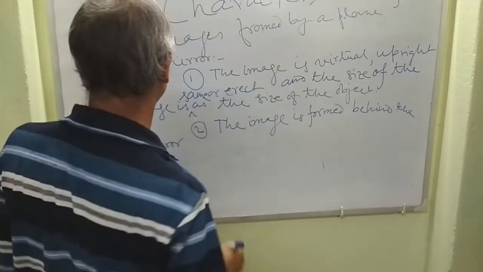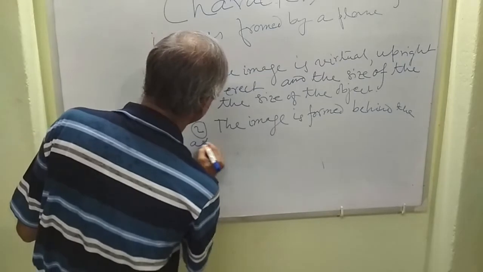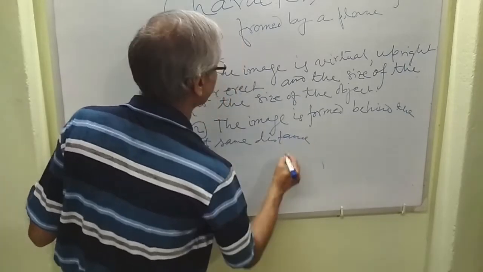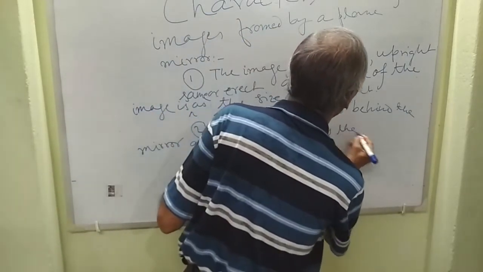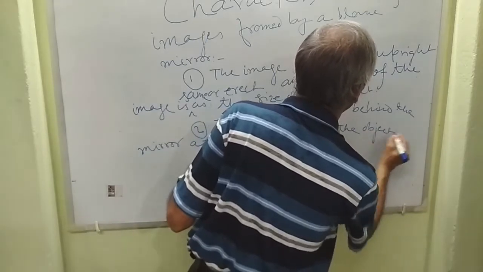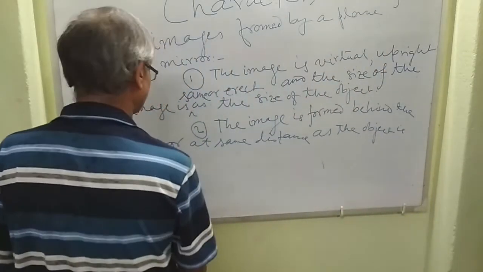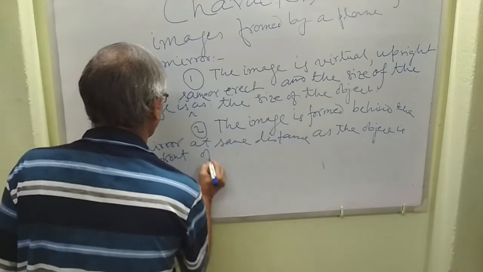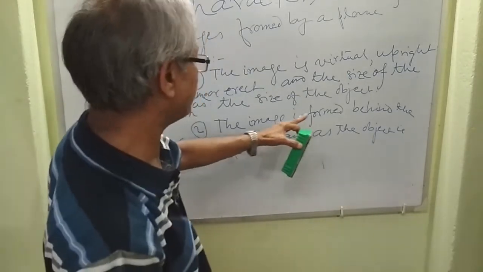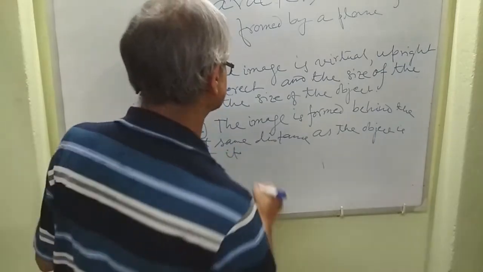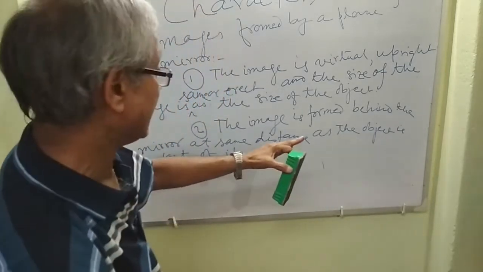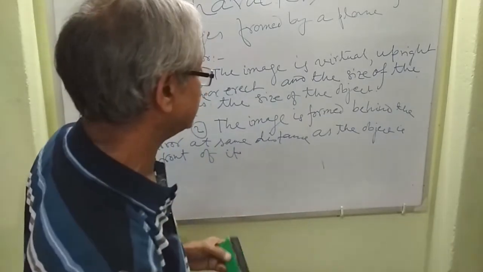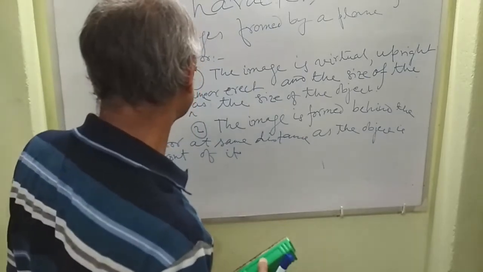The image is formed behind the mirror at the same distance as the object is in front of it. Same distance from the mirror, obviously, as the object is in front of it.